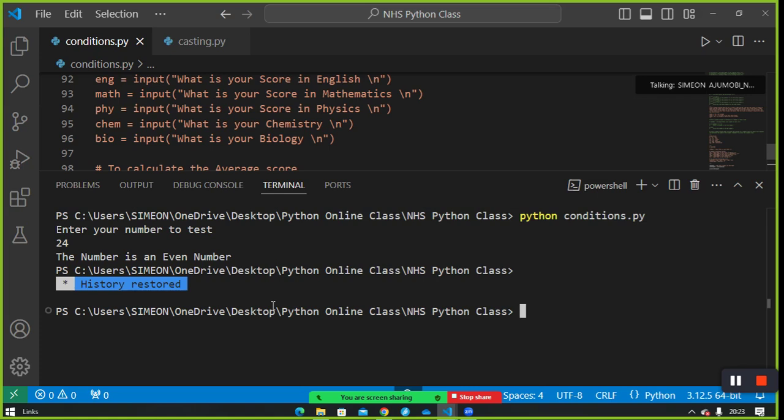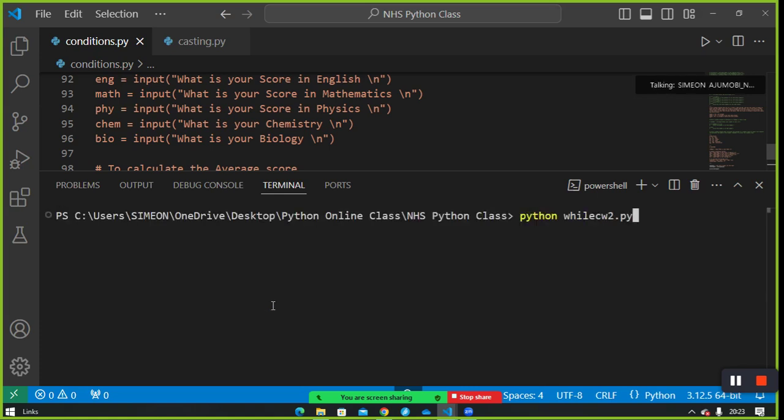You can use count. Everybody, can you see that? 30. Can you see 30?